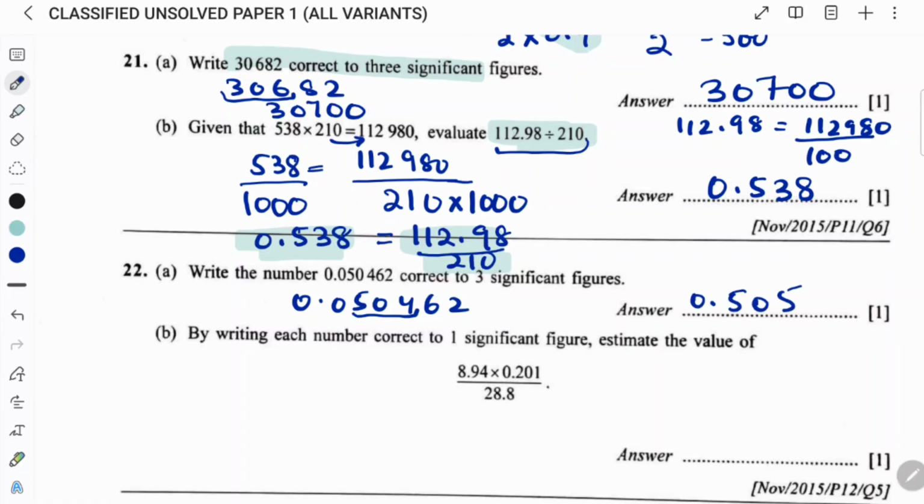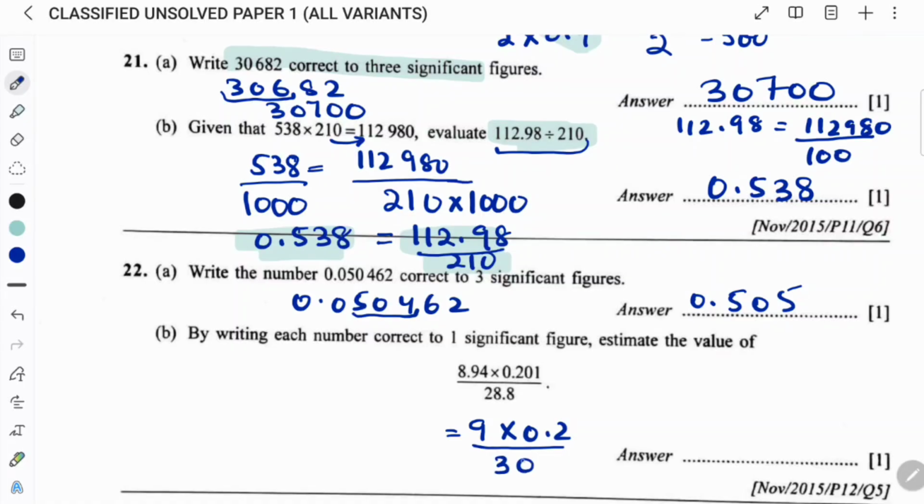The next part of the same question: by writing each number correct to one significant figure, estimate the value. So 8.94 we can write down as 9, 0.201 we can write down as 0.2, and 28.8 will become 30.